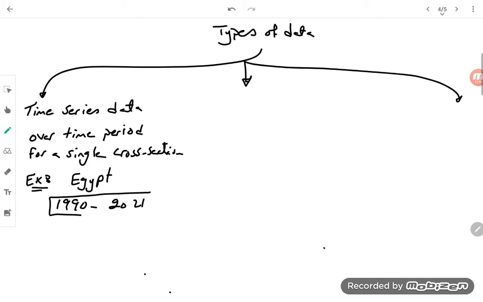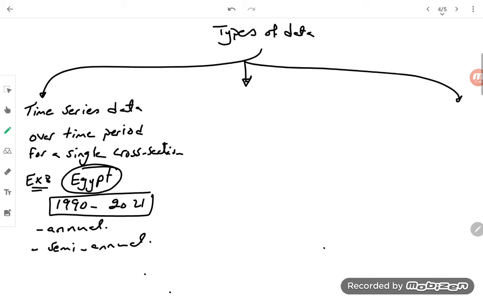So this is a time period for only one cross section. The time series data can be annual data, or semi-annual, or quarterly data, or monthly, or even weekly data.